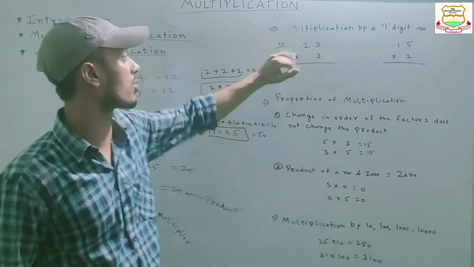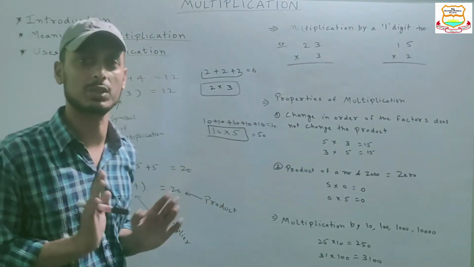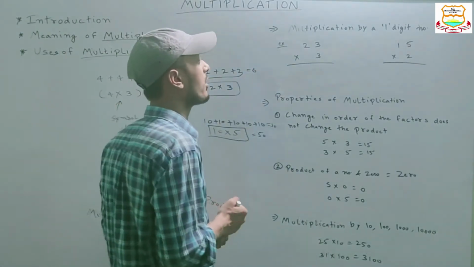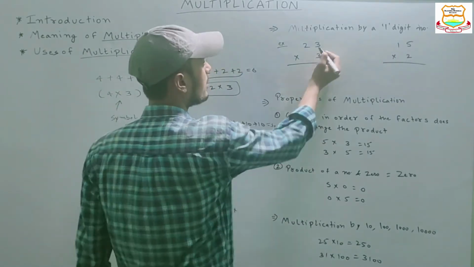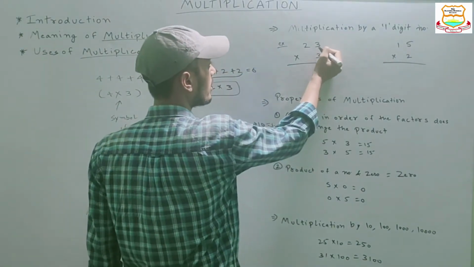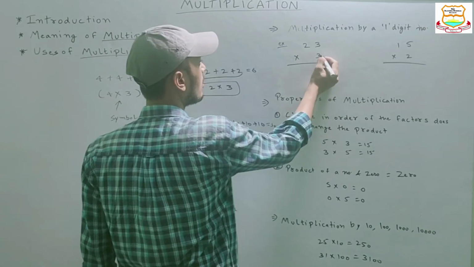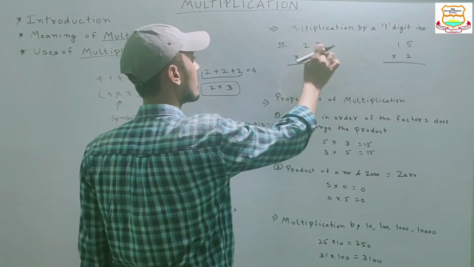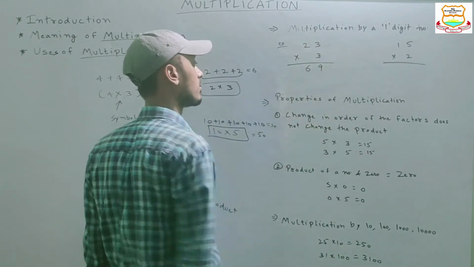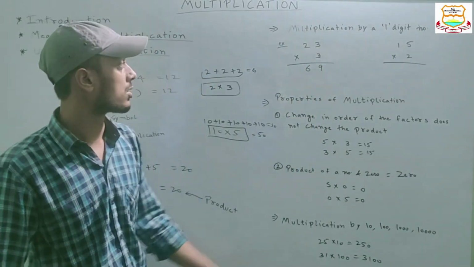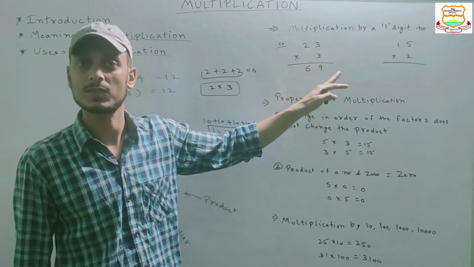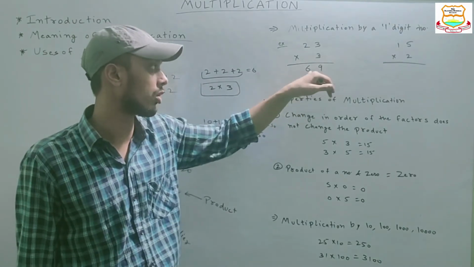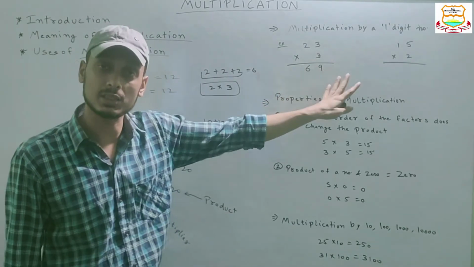The rule is so simple. You have to multiply first by the unit digit. 3 with 3. 3 3s are 9. Then we have to multiply the multiplier with the tens digit. 3 2s are 6. So the answer is 69, or we can say the product is 69.